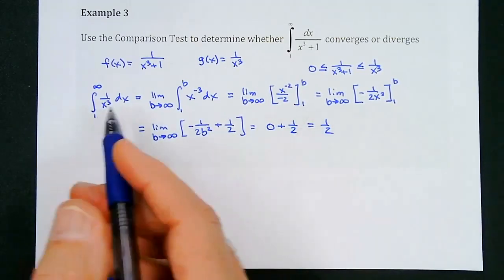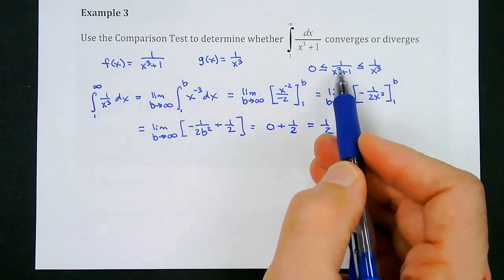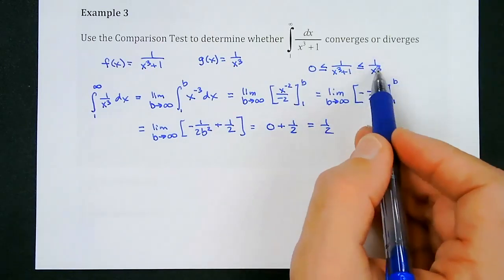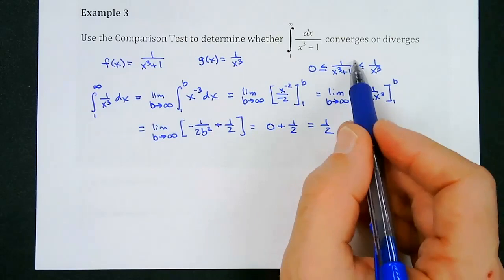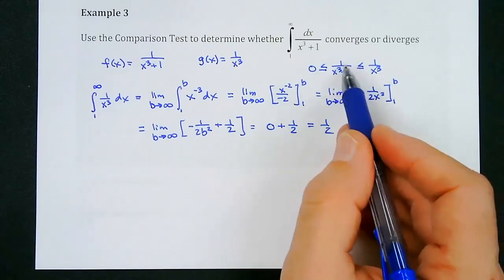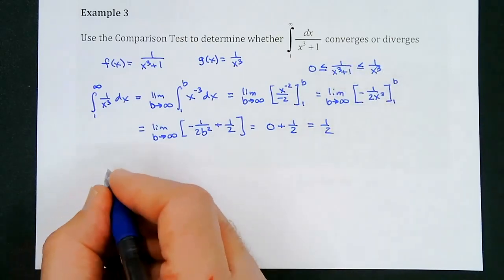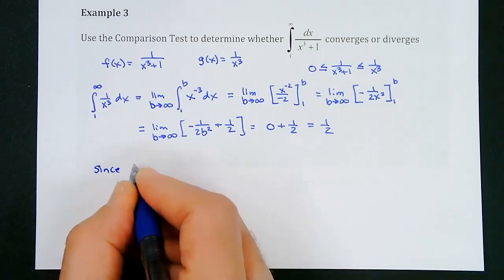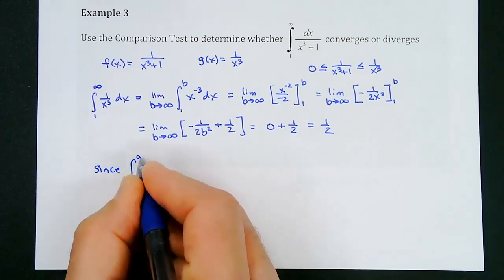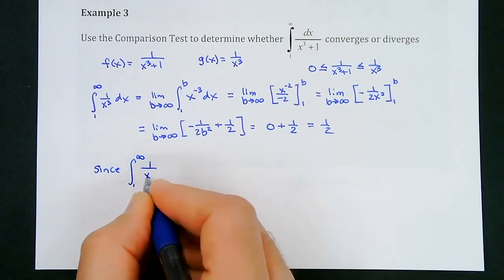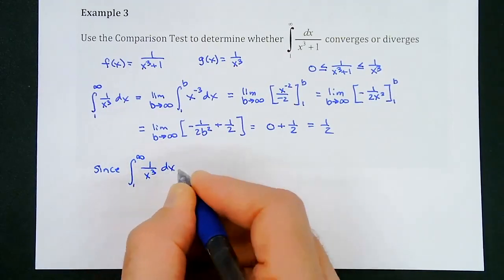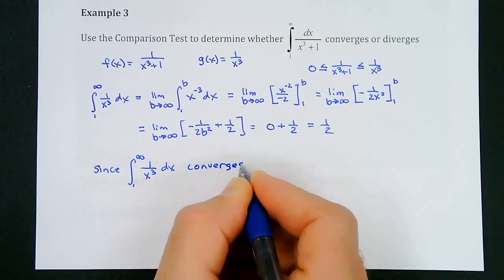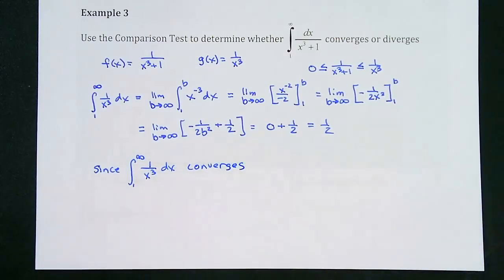When we integrate this one that's bigger, it converges because we get a value out of it. Since this one is bigger and it converges, this one must also converge. The write-up is like this: since the integral from 1 to infinity of 1 over x cubed dx converges, and that's the bigger one, if the bigger one converges, the smaller one converges.